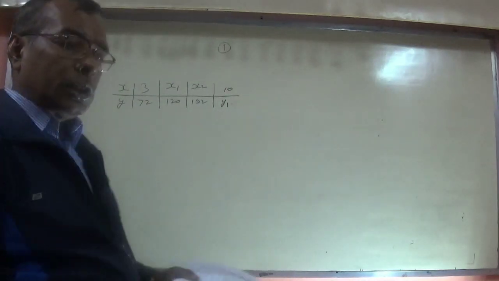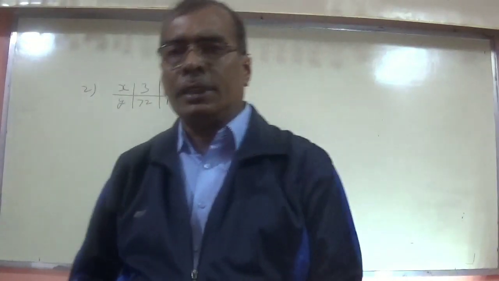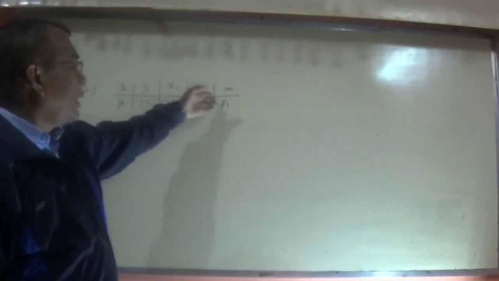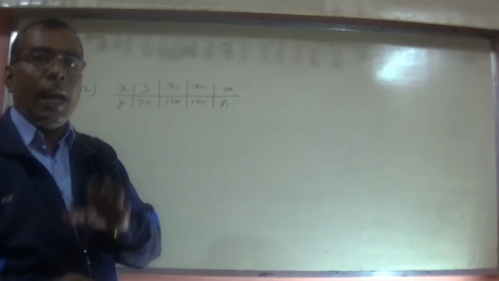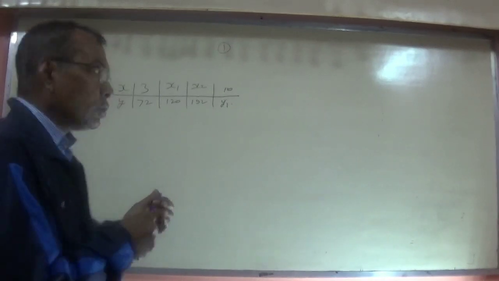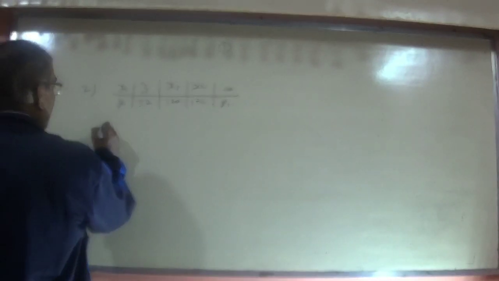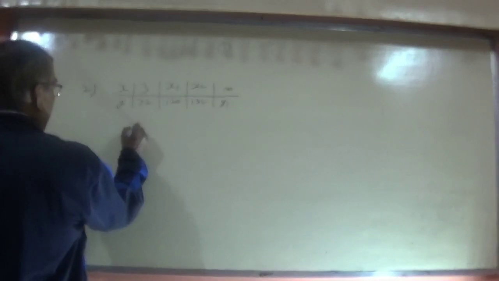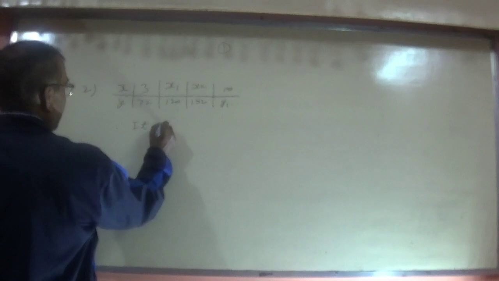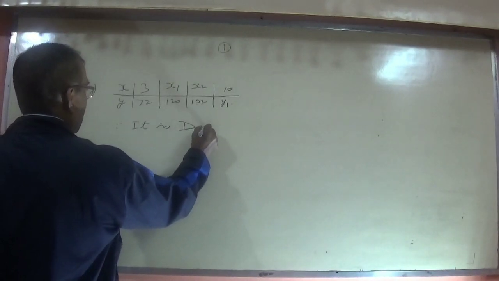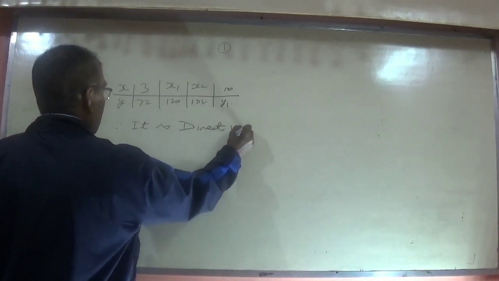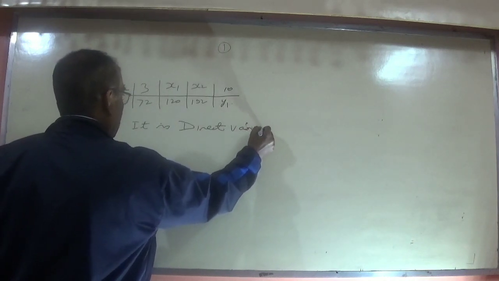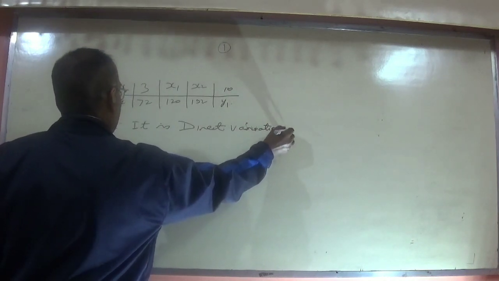In this particular question it is given that x and y are related to each other as direct variations, and a few of the variables are missing from here. We will have to find those variables. So what do we have to do? You have to write a statement here, since it is direct variation.